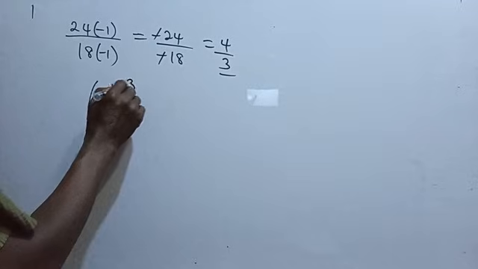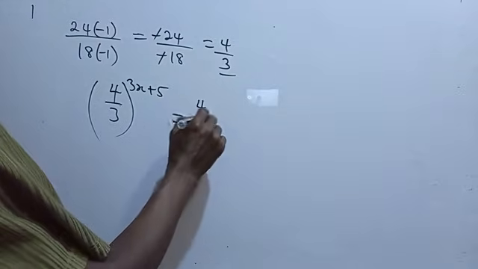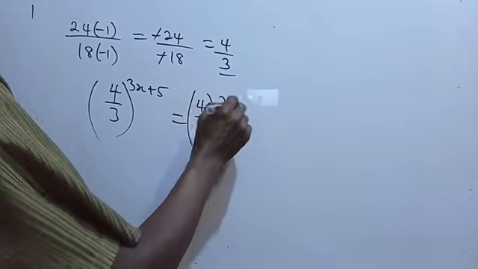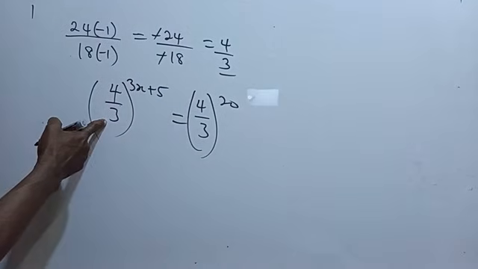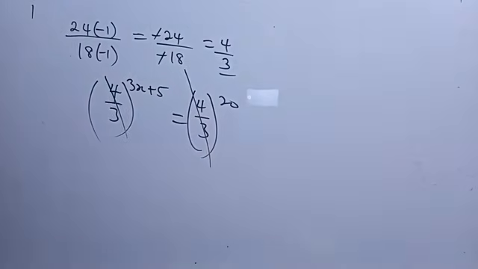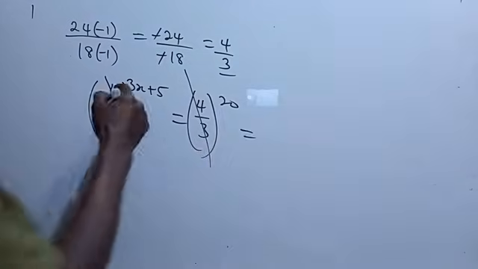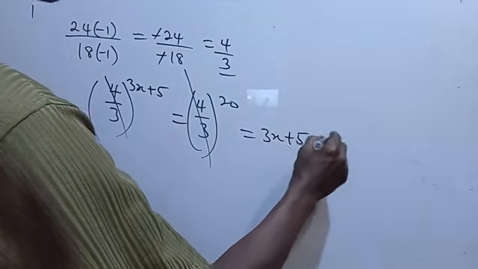Raised to the power 3x plus 5 is equal to 4 over 3 raised to the power 20. This has led us to an exponential equation. Now with 4 over 3 as the base on both sides, they cancel each other out. Comparing the exponents, you have 3x plus 5 is equal to 20.